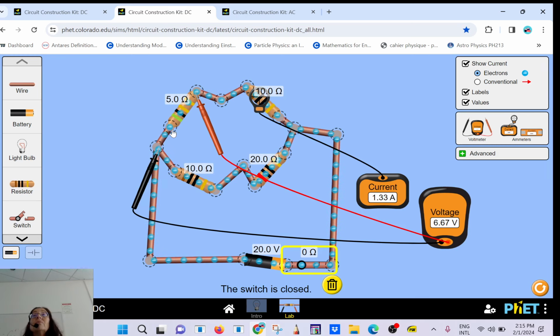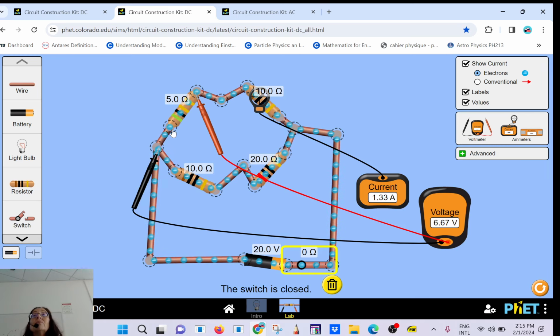So where will you have the most voltage drop? The 40, because it has the largest resistance. Remember we discussed that? So this one will have the largest voltage drop. Which one will be lit? This one will work and this one will not work because it doesn't get enough energy.